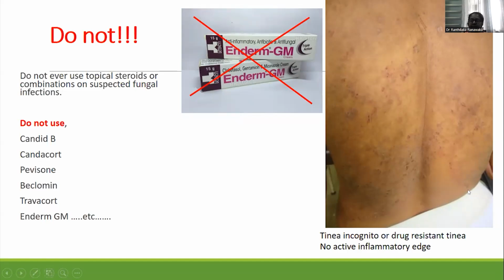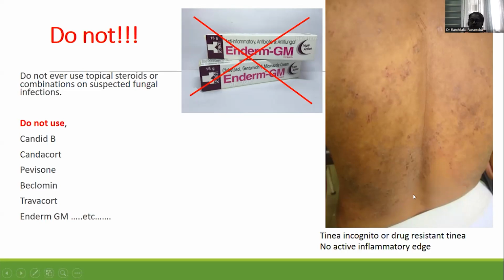And this is drug-resistant tinea, what we see today, caused due to this steroid use on fungi. So you can see, in tinea, when we use steroids on a fungal infection, we can't see this active inflammatory edge, but still you can see it is well demarcated, right?